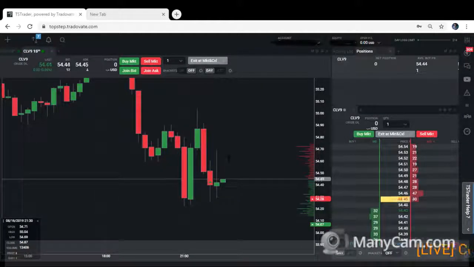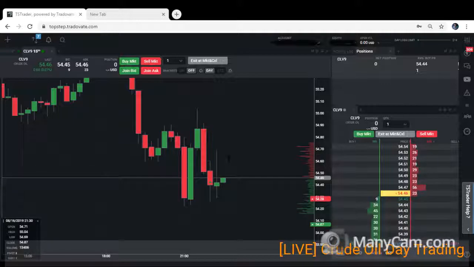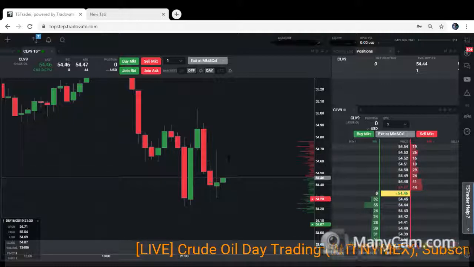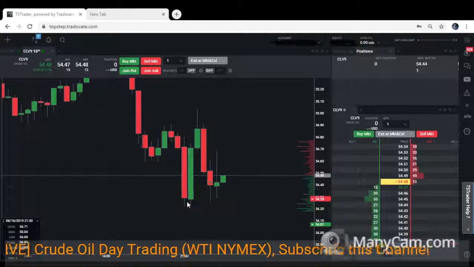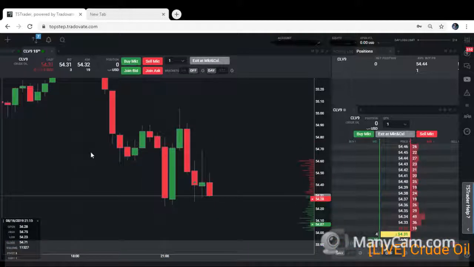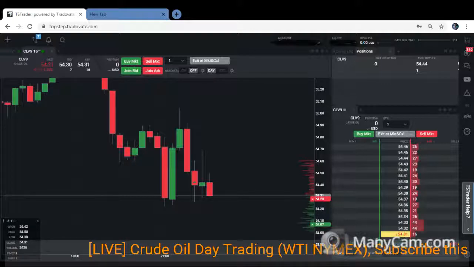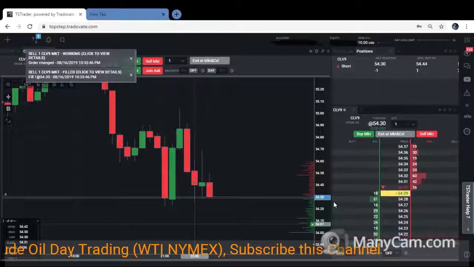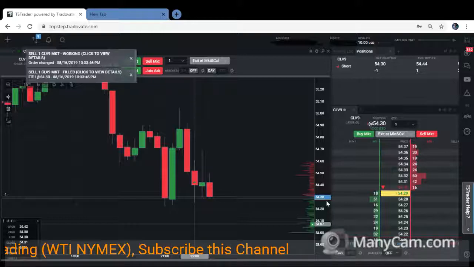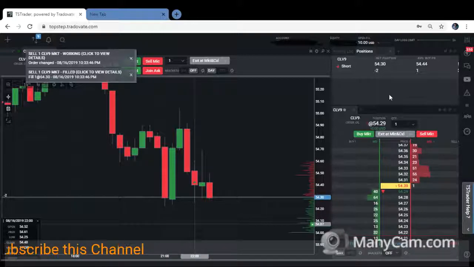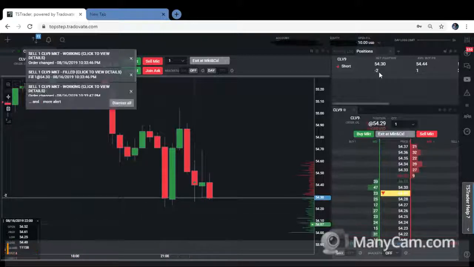Okay, now we're entering the new candle. The time now is around 10:30 a.m. in the morning US time. Okay, we're almost in the market. One lot already in, second lot already in. So net position is around 54.30.